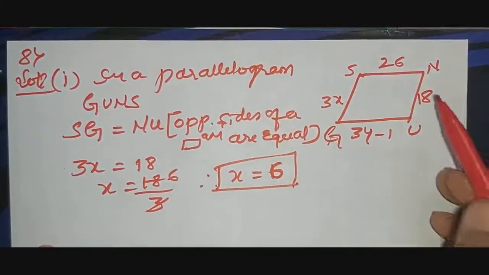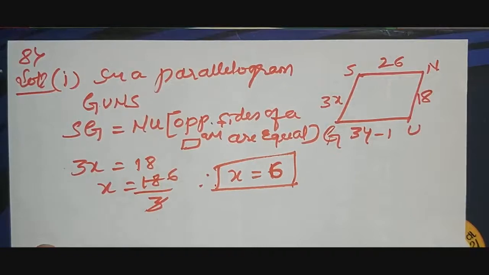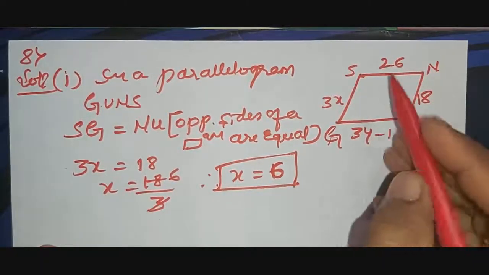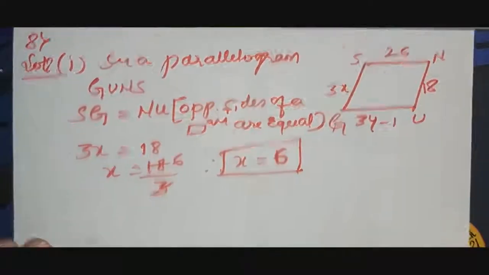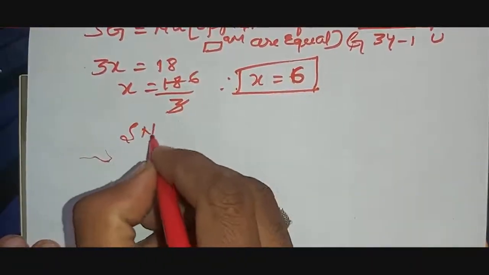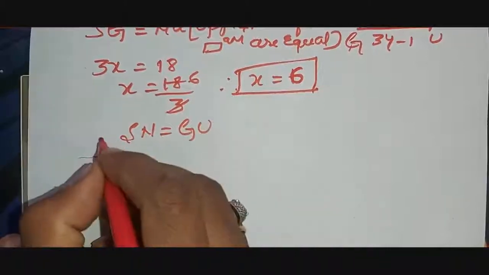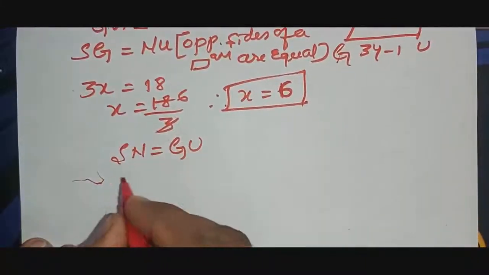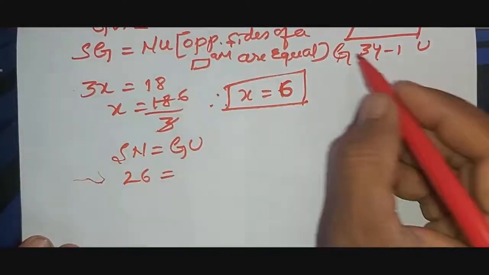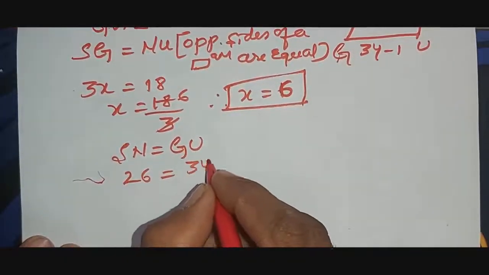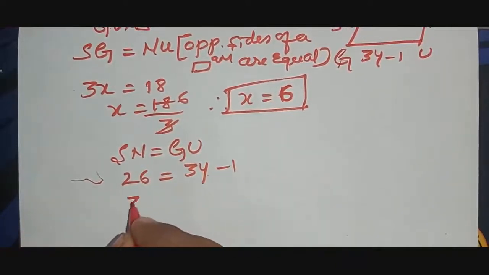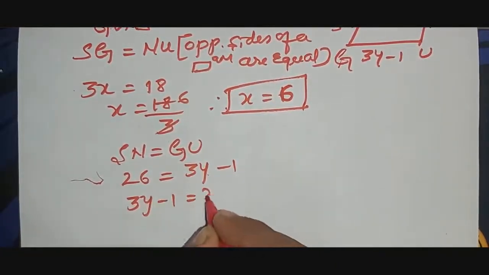Now we need to find the value of y. Also we can take here in this parallelogram, SN is equal to GU. SN is equal to how much? 26, is equal to GU, which is 3y minus 1. 3y minus 1 is equal to 26, right?